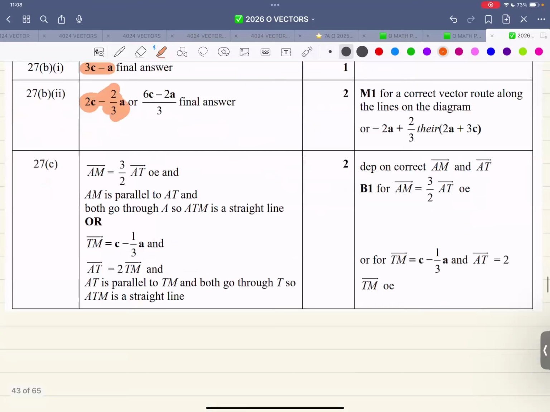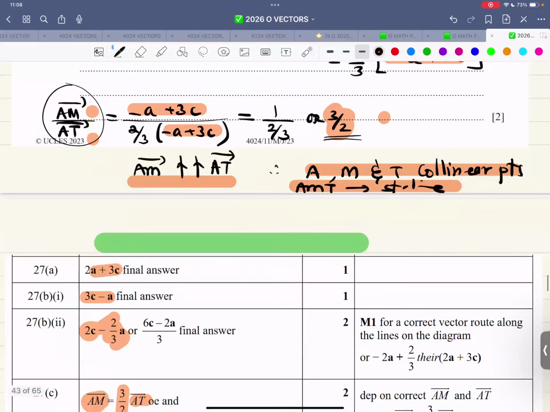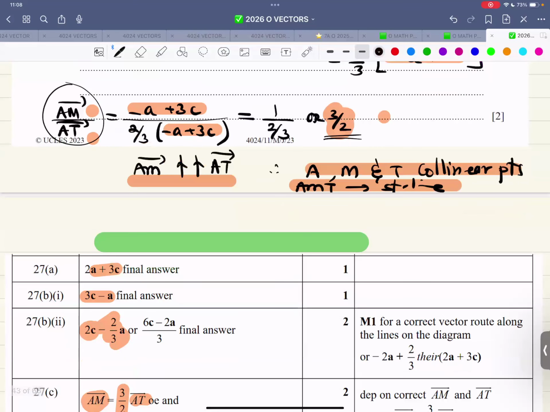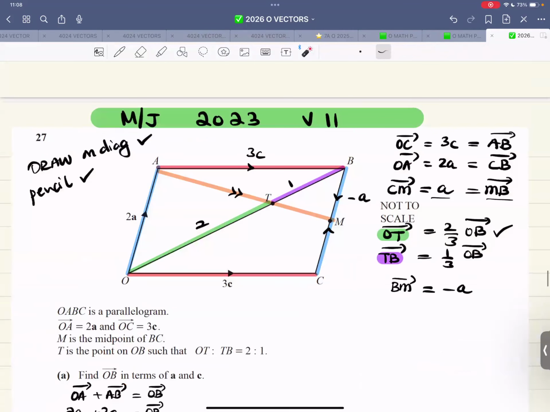And the last one, AM is 3 over 2 AT. So now they have written it like this. AM divided by AT is 3 over 2. AM, if I make it the subject, that is 3 over 2 AT. Or AT is 2/3 of AM if I cross multiply, because AM is bigger.